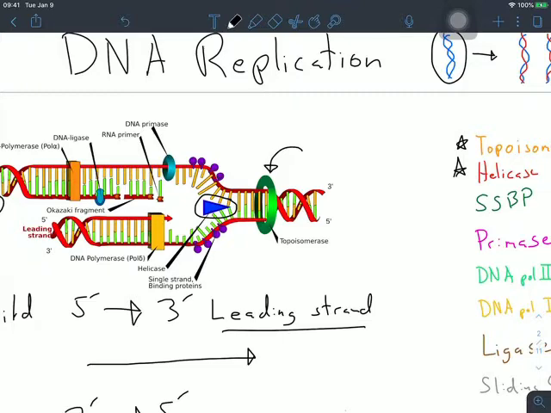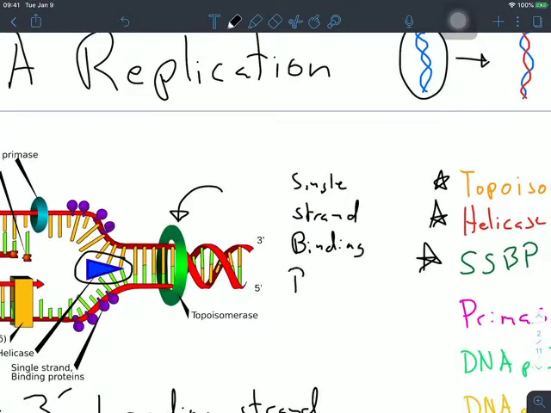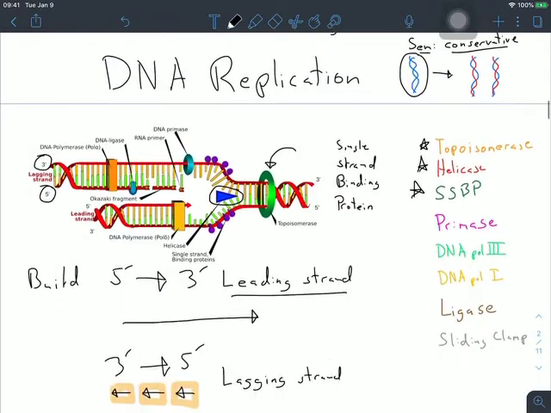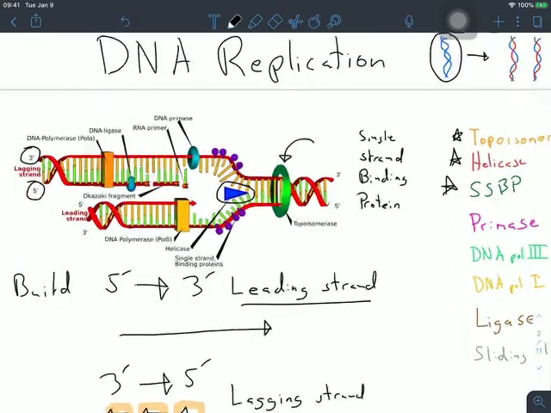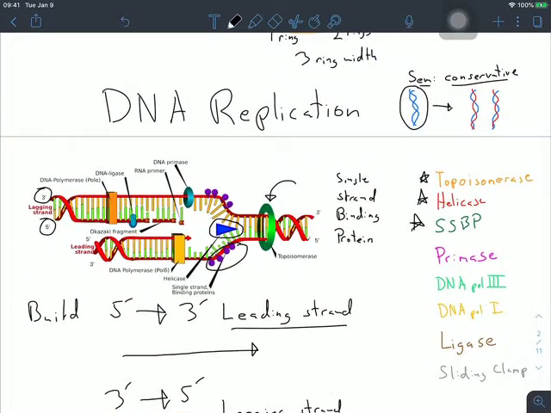Those things protecting and covering them are our single-stranded binding proteins, or SSBPs. So those SSBPs, seen in purple here, are keeping those nucleotides that are unzipped, but as of yet unbound to a new pair, safe.